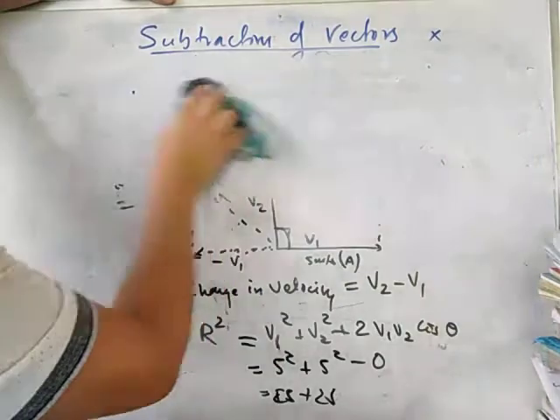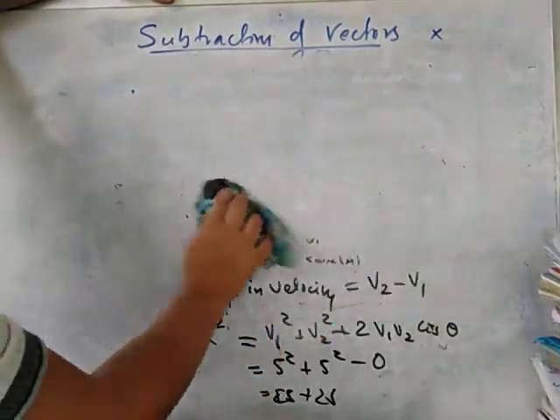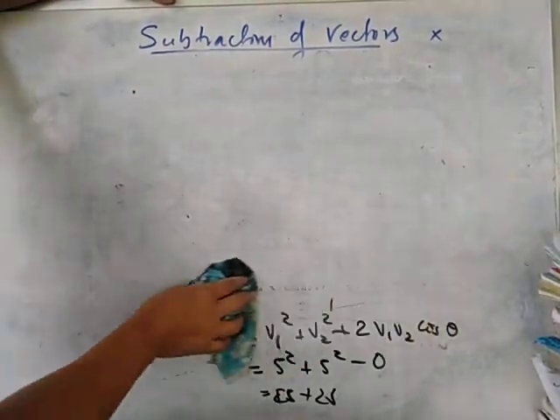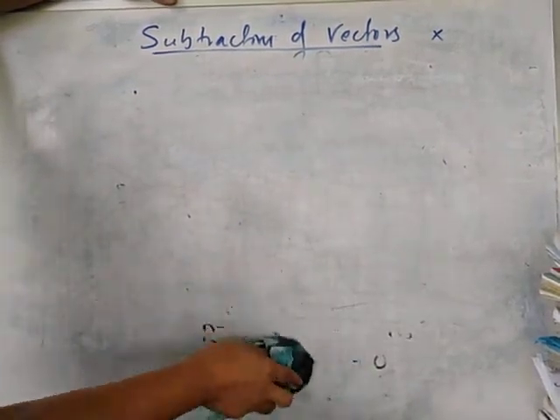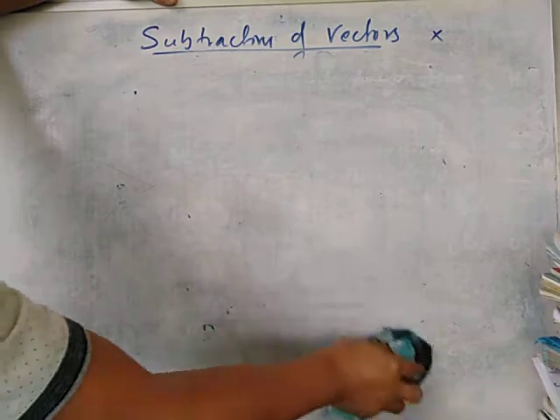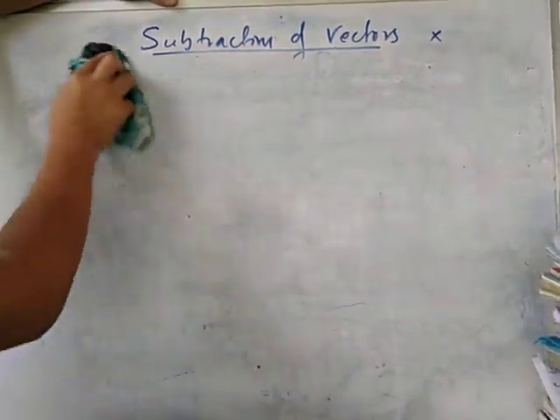So write down. The sum and difference of two vectors are same. Find the angle between them. Okay, this question is very important for NEET and everything.